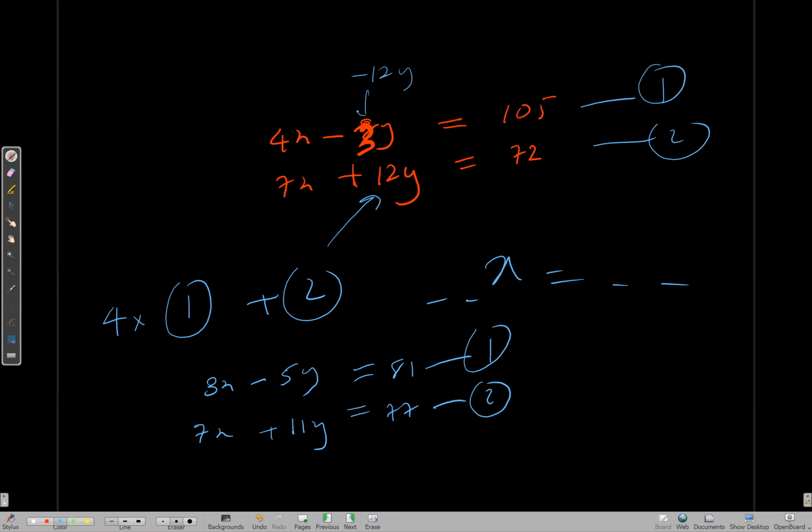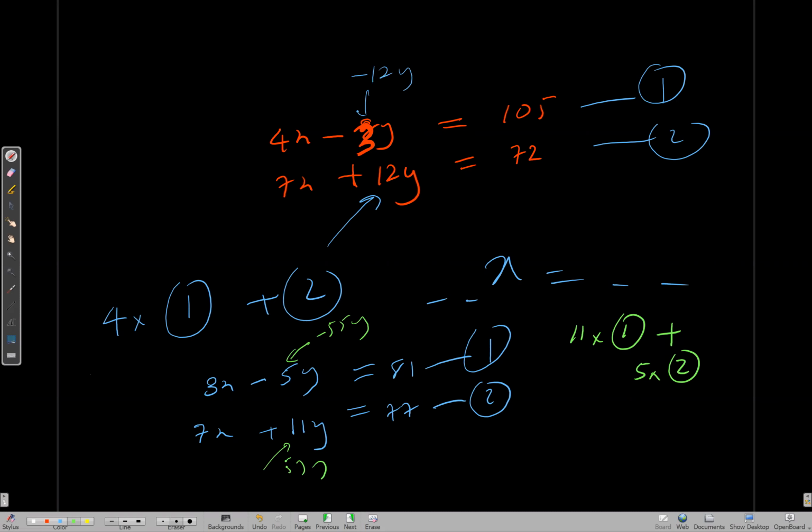It will make it easy for me. So I will multiply 11 times the first one and add to 5 times the second one, because when I multiply the first one by 11, I will make this place negative 55y and this place 55y. I just need to add.